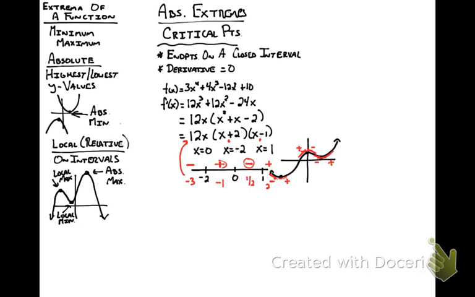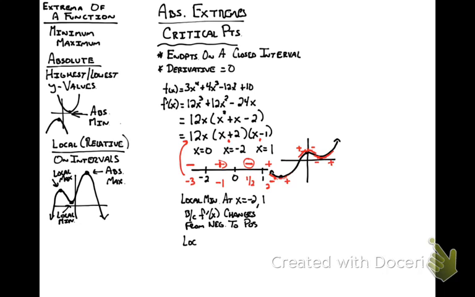In terms of expressing my answer to the question, are there local minimums and maximums? There are local minimums at x equals negative 2 and x equals 1 because f prime of x changes from negative to positive.